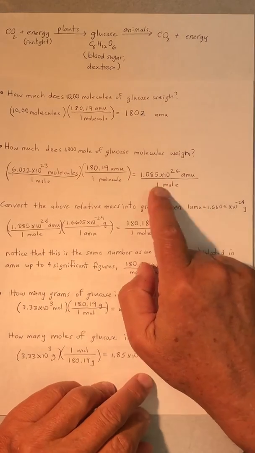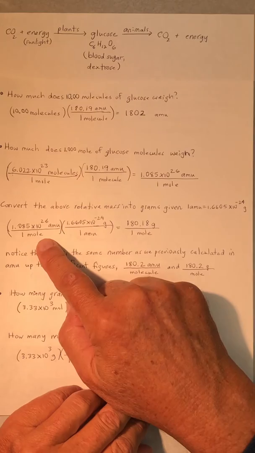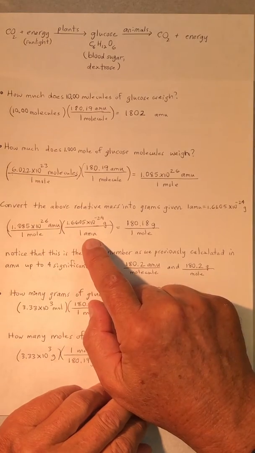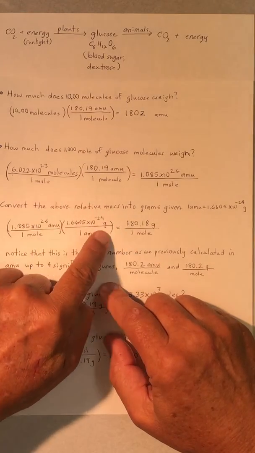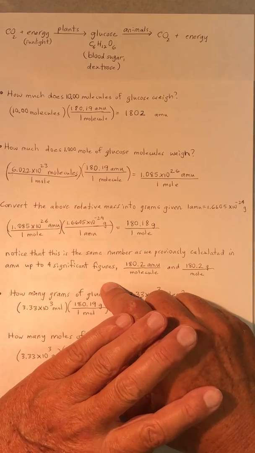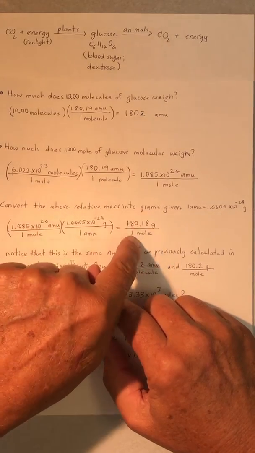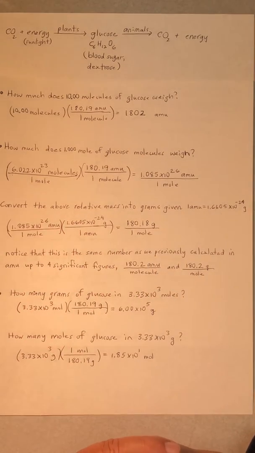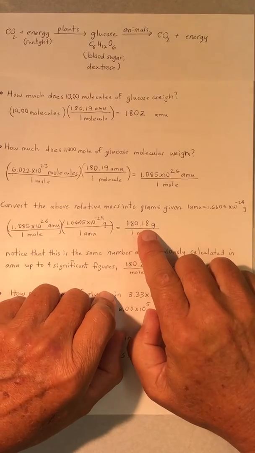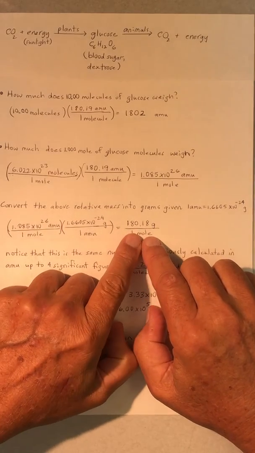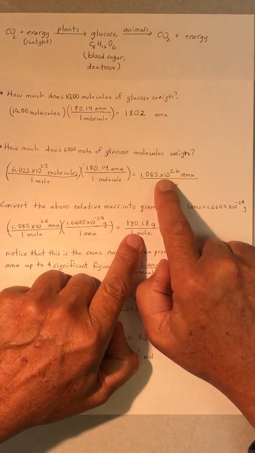So I'm going to take this number right here, the AMU per mole, and convert AMU into grams using this other direct proportion. I cancel out AMU, and what I have left over is grams per mole. So 1 mole of glucose molecules weighs 180.18 grams. It also weighs that many AMU.